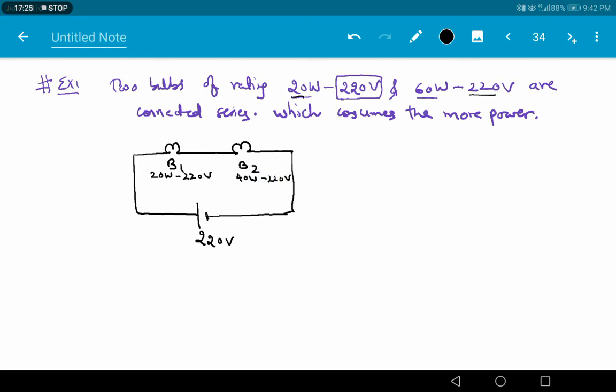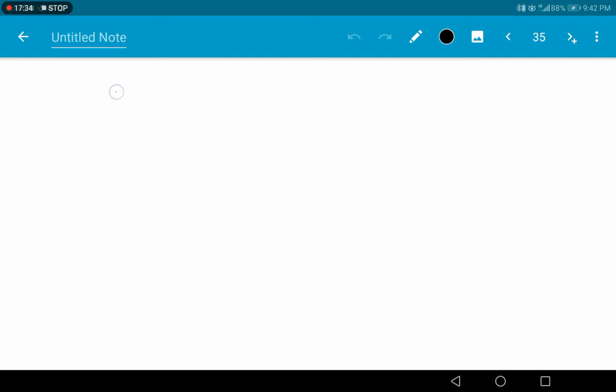So before going to solve this problem, let us take the concept related to this. So bulb 1 is given as 40 watt 220 volt and bulb 2 is given as 60 watt 220 volts.